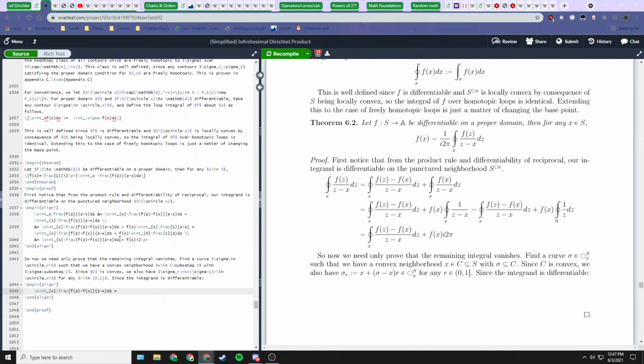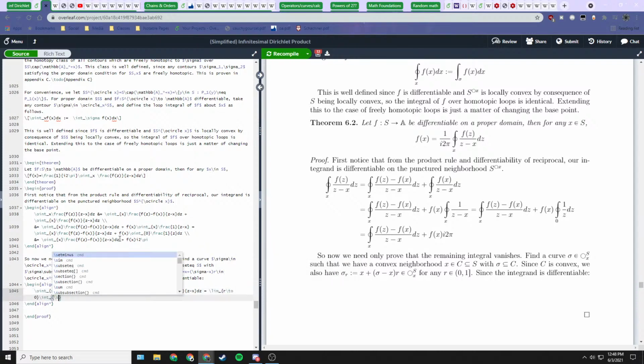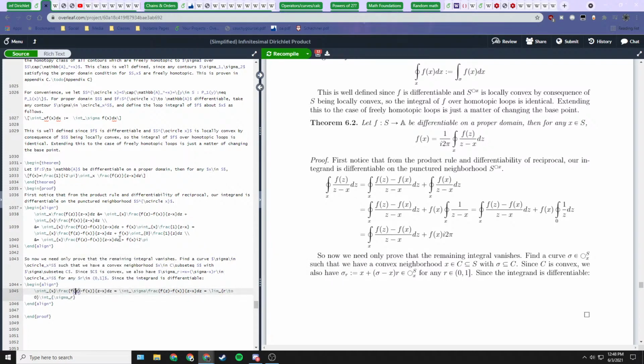This is the same as an integral on the contour sigma. Actually, we can do this as a limit as r goes to 0, this integral on sigma sub r, which is the contraction of the same integrand.